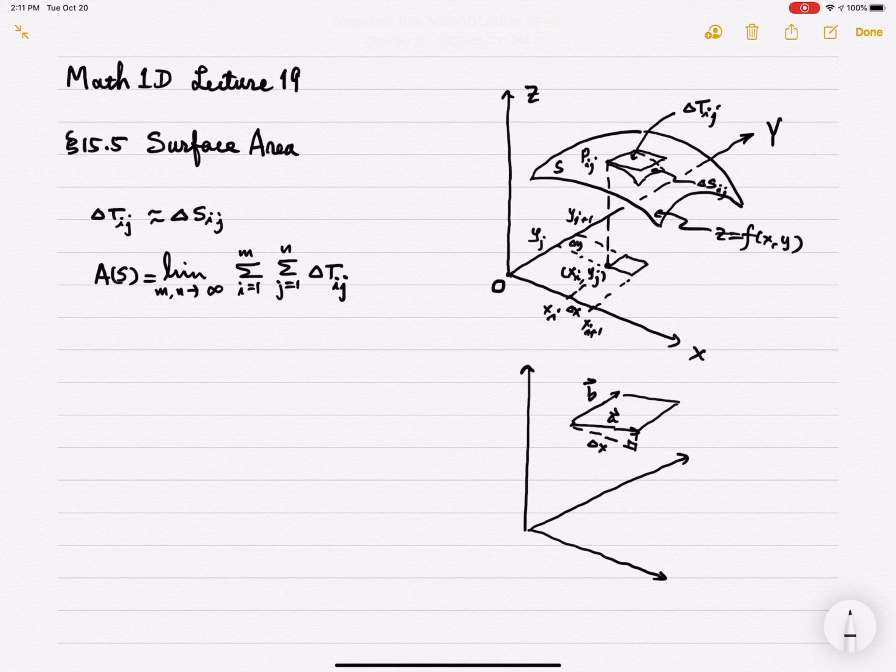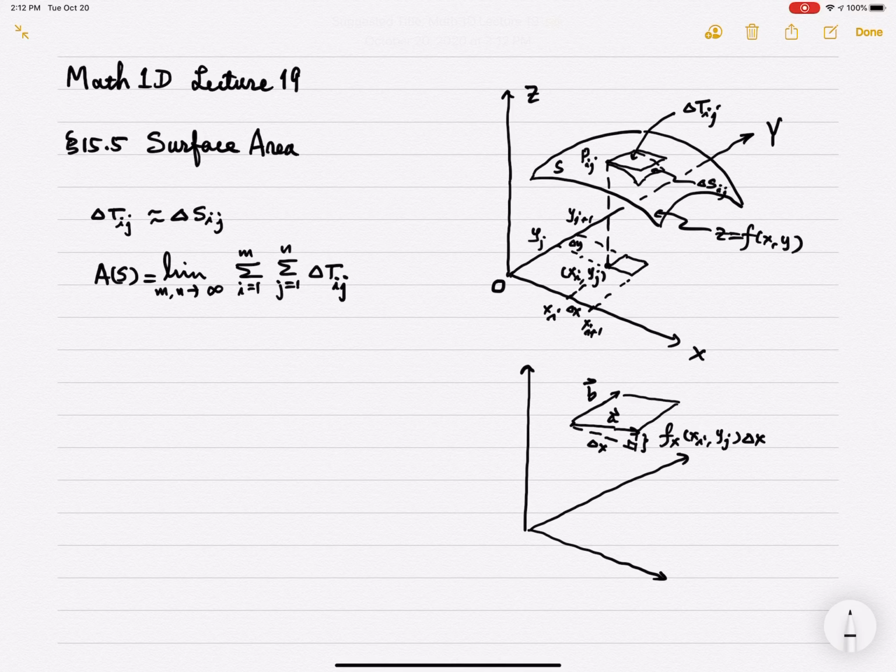the partial derivative with respect to x at x_i y_j. So that means this part is equal to f sub x at x_i y_j times delta x, because this one over delta x is equal to the partial derivative.